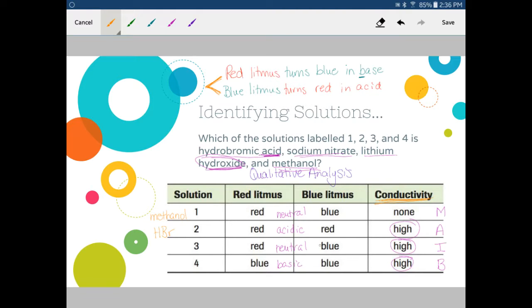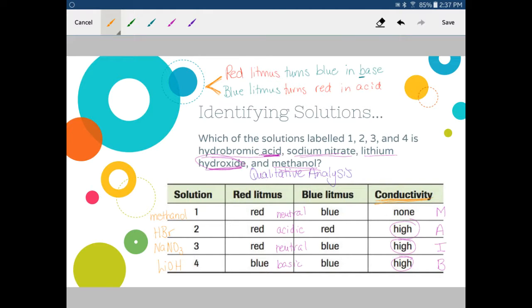My third solution is neutral, but it has high conductivity. So this would be our sodium nitrate. Also neutral, but high conductivity. And then our base is at the bottom, and we know that our base is lithium hydroxide, or LiOH.